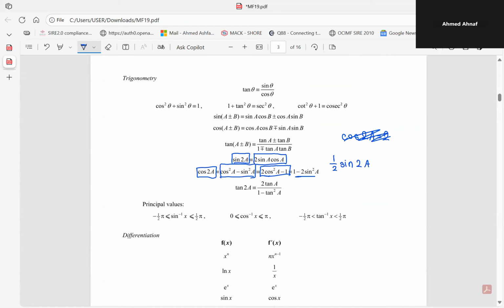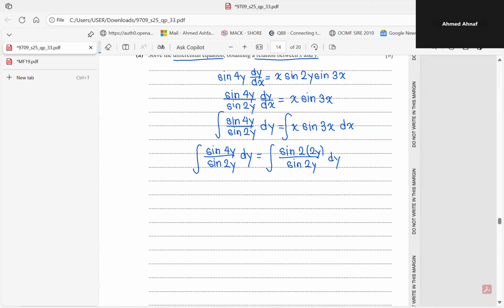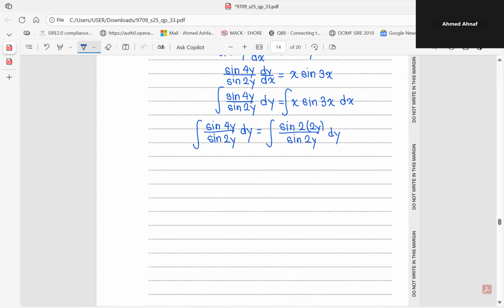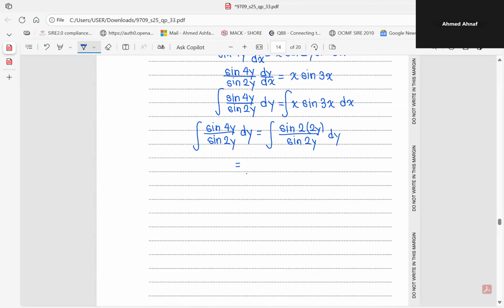So, yep, it's right here, sine 2a is equals to 2 sine a cosine a. And in this case, a is equals to 2y. So this is basically just 2 sine 2y cosine 2y over sine 2y dy. So the sine 2y's cancel out. We'll just get 2 cosine 2y dy.